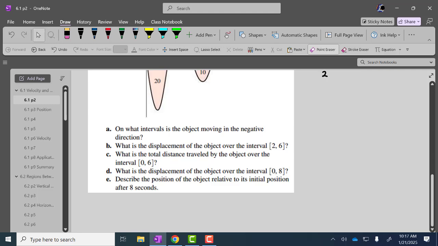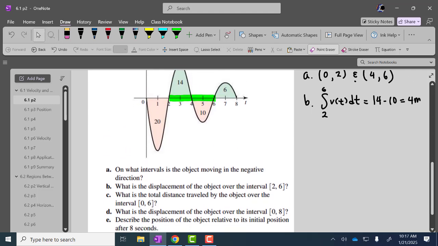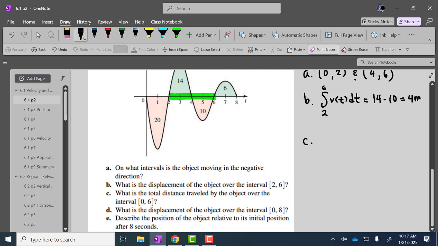So now let's jump to C. What is the total distance traveled from 0 to 6? Distance traveled from 0 to 6 is the integral of the absolute value of v. So 0 to 6, let's go from there to there.